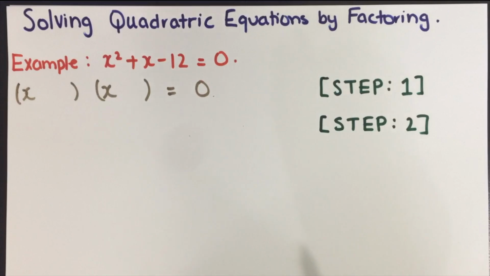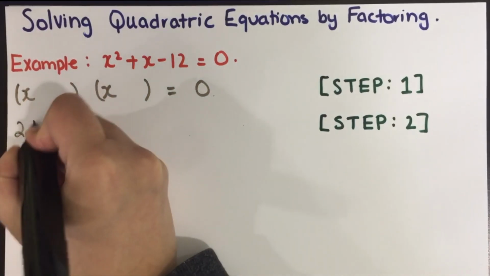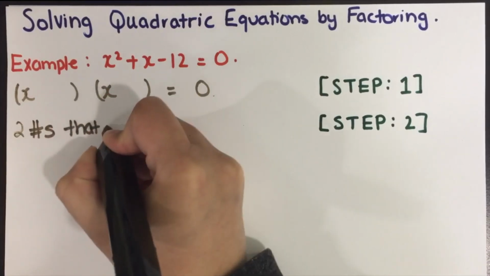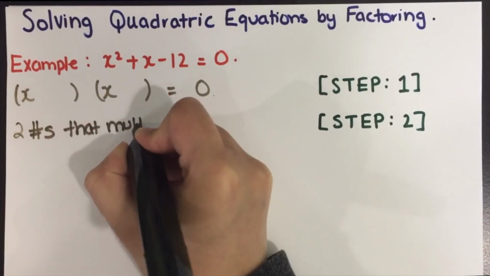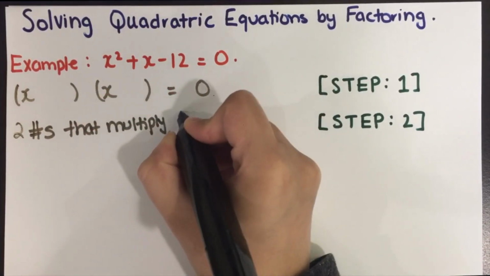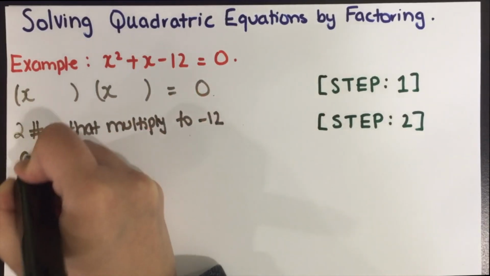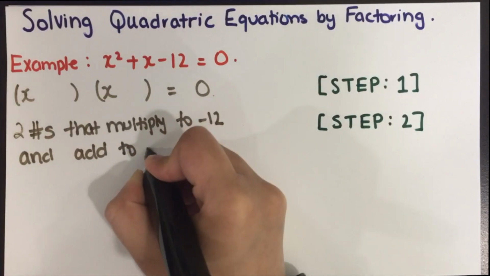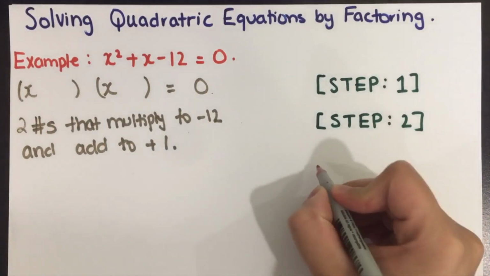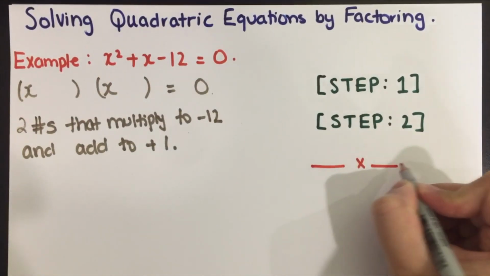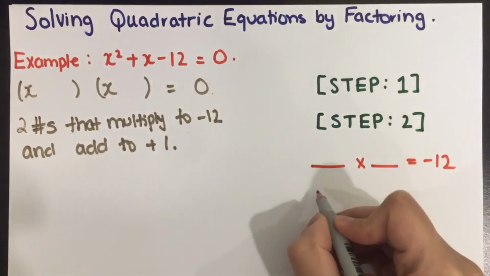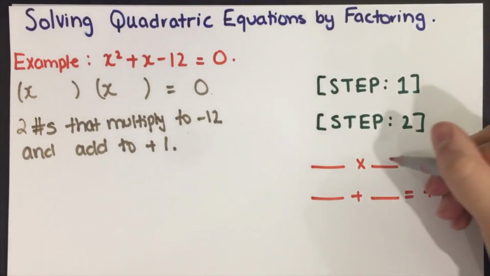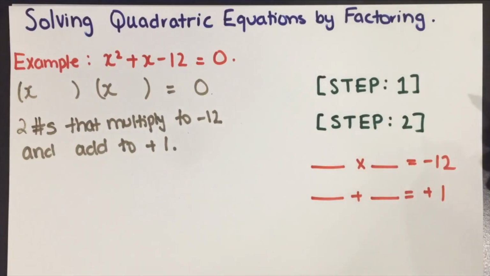So we are looking for two numbers that multiply to negative 12 and add to positive 1. So these two numbers are the same numbers, obviously.